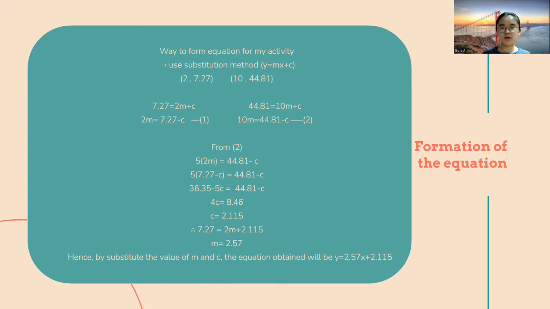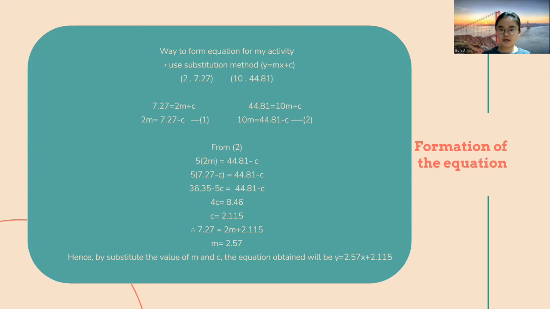By substituting the value 2, 7.27 and also 10, 44.81, I will obtain that 2m equal to 7.27 minus c, that will be the first equation, and 10m equal to 44.81 minus c, that will be the second equation.